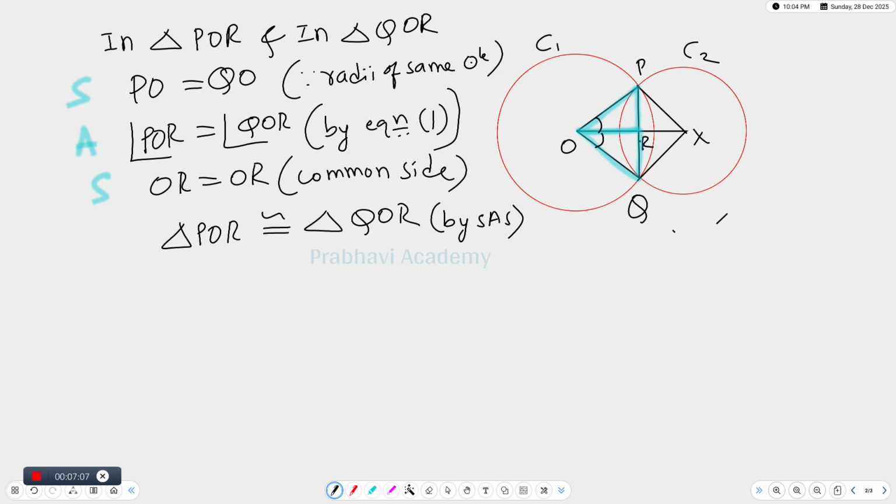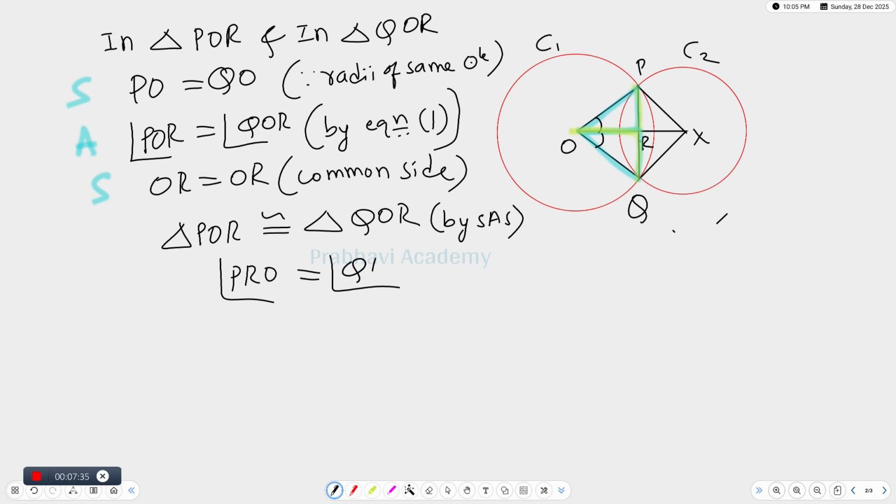So therefore, here you can say that angle PRO is equal to angle QRO, because they are congruent triangles, so corresponding angles are equal.